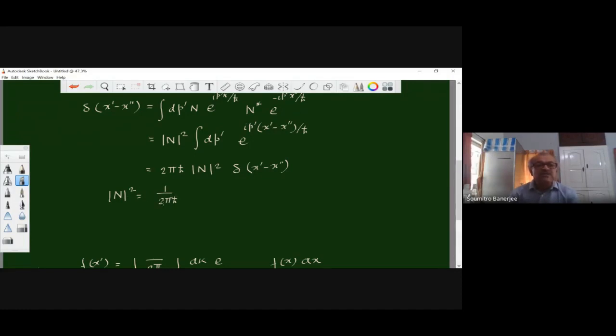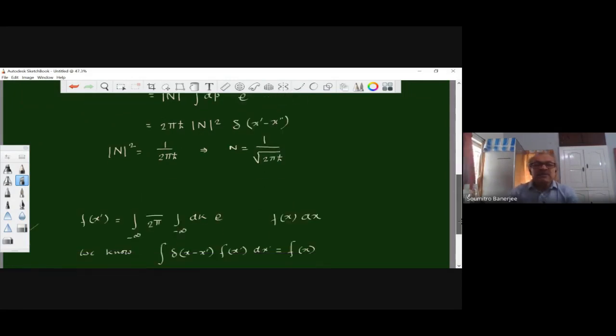If we take the positive real solution, then n equal to 1 by root 2 pi h cross. Okay, so we have found this, and if you substitute this, let me erase this part.